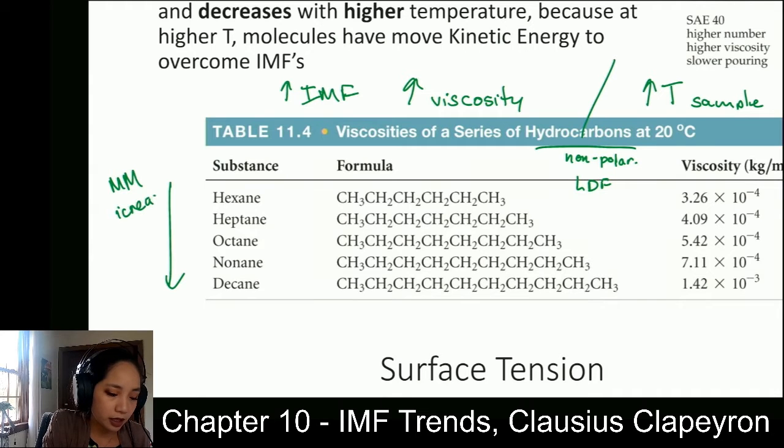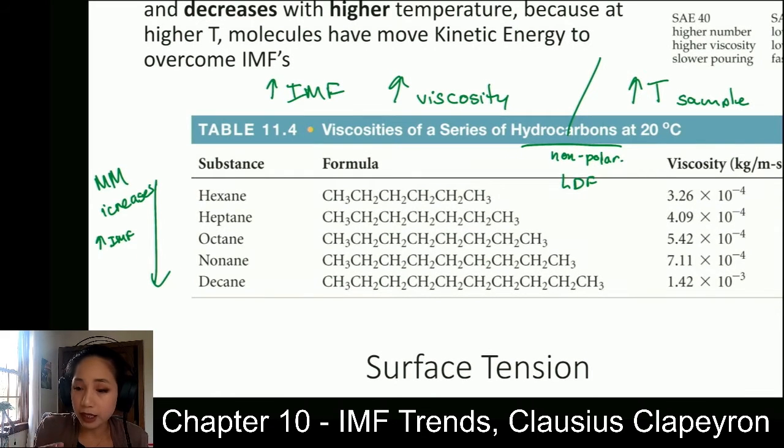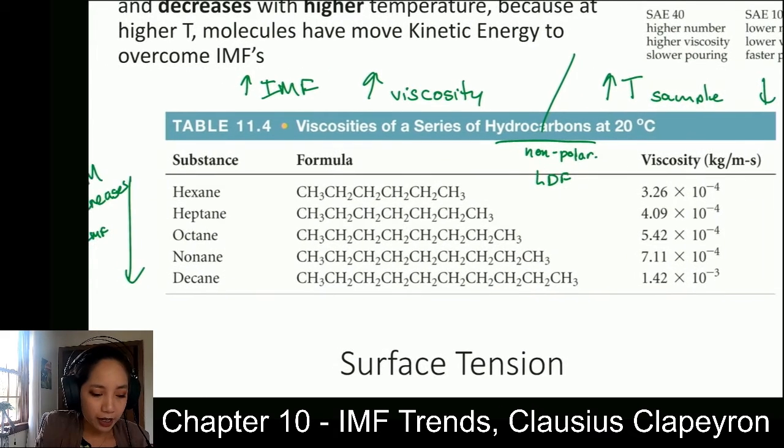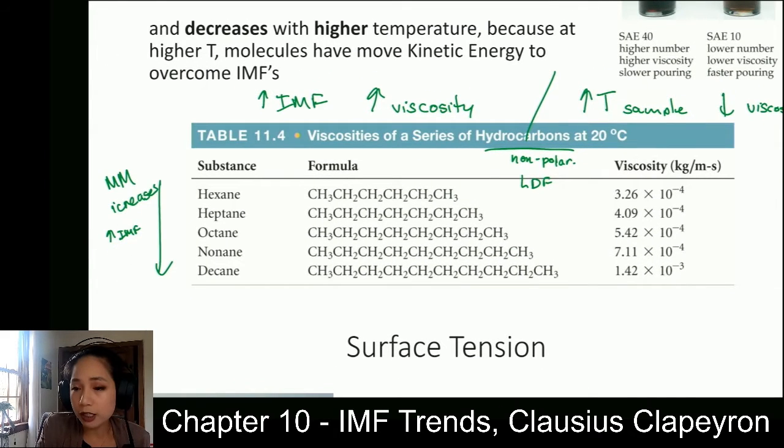Since molar mass increases, we should see an increase of intermolecular forces as we go down this table, because London dispersion forces increase as we increase our chain length. And what you see here is that as intermolecular forces and molar mass increase within this table, our viscosities increase. So that goes along with our trend.